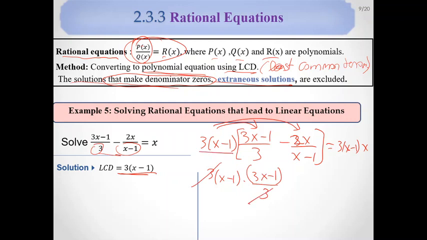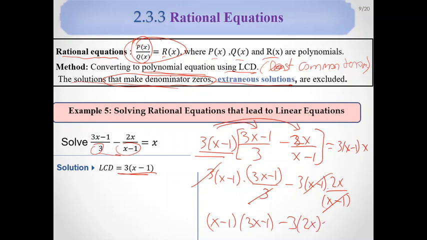This is the reason we are multiplying with this. Then when you multiply 3(x minus 1) with 2x over x minus 1, after these simplifications you get (x minus 1) times (3x minus 1), 3 times 2x, and then 3(x minus 1) times x.